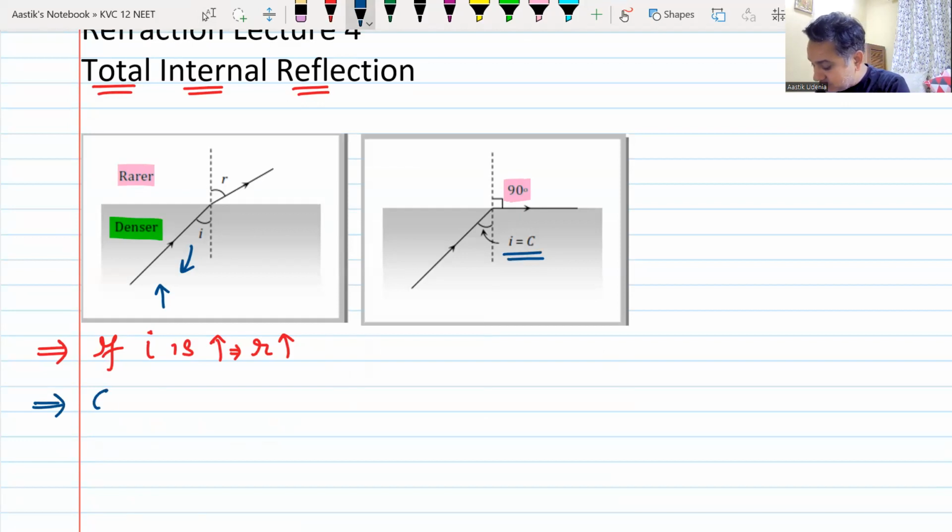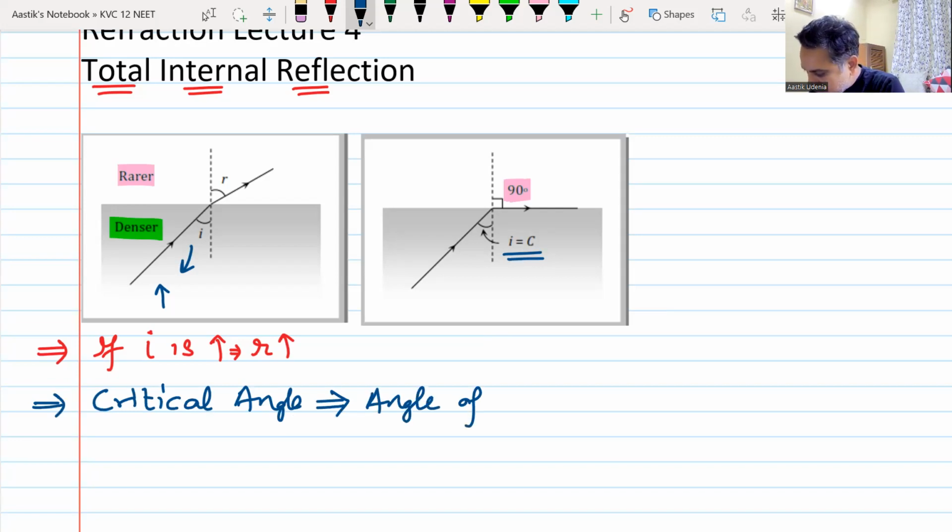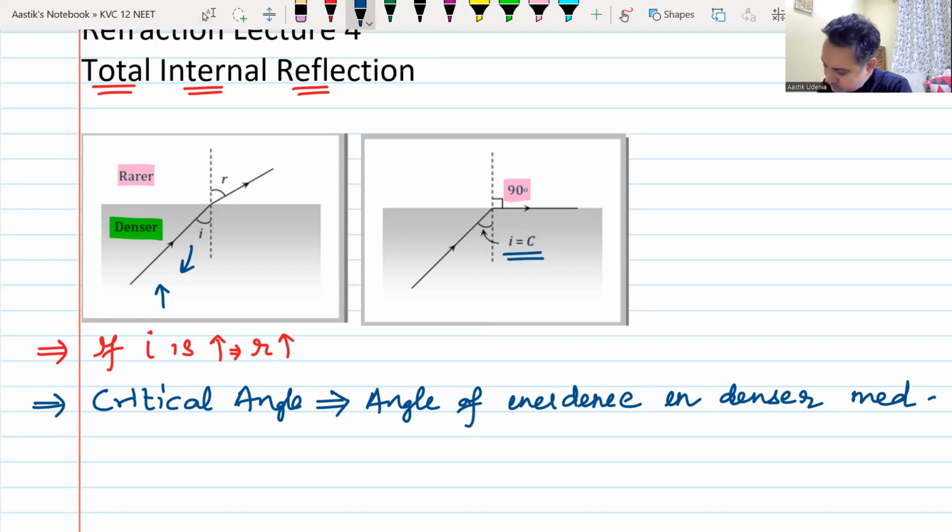What is critical angle? Critical angle is the angle of incidence in the denser medium for which the angle of refraction R becomes equal to 90 degrees.